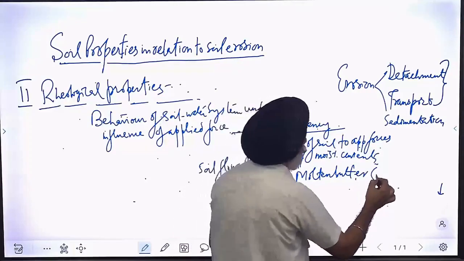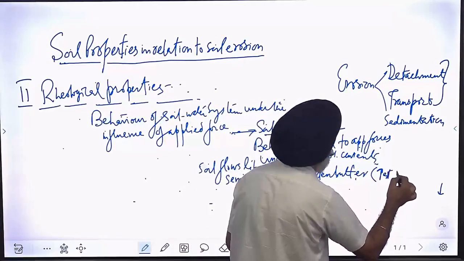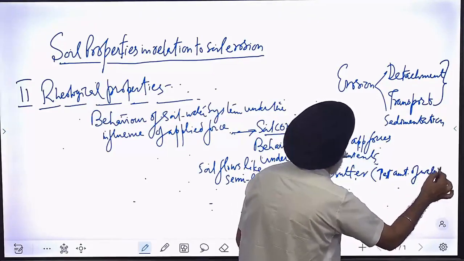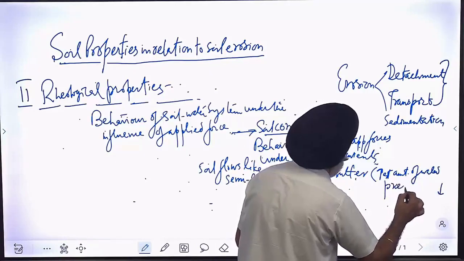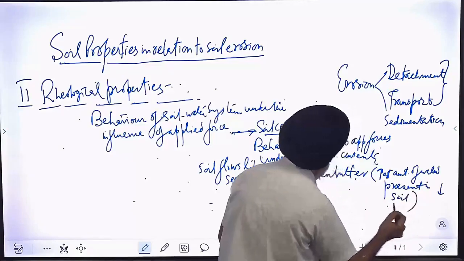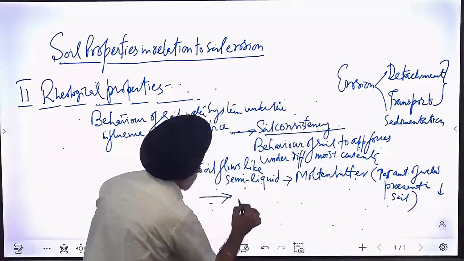This is, I think, the highest amount of water present in soil, and this leads to then landsliding.